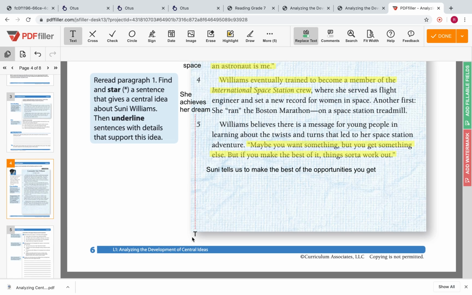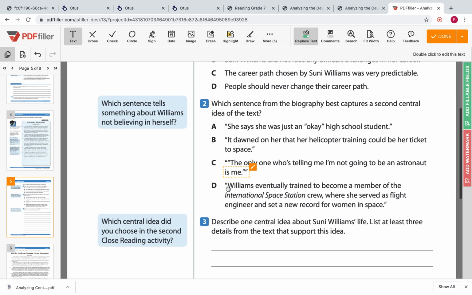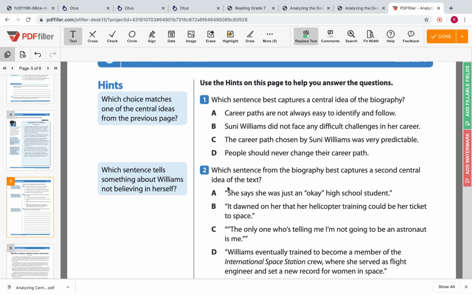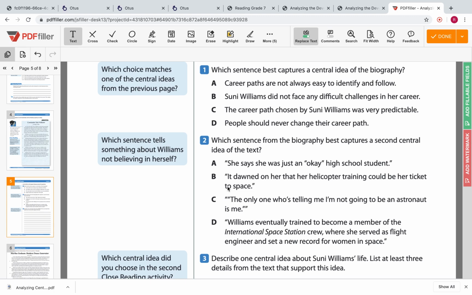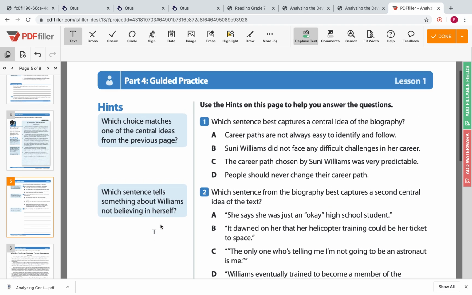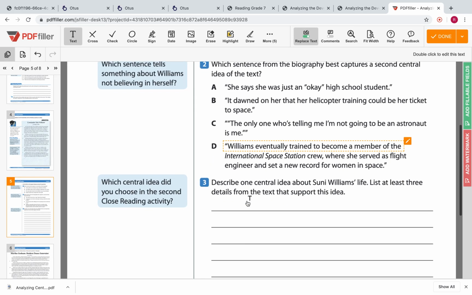All right. Now, for your classwork, you are going to do questions 1, 2, and 3. It's all going to be in one assignment. I'm going to put it in your assessments. And I want you to look at these hints that you have right here, and based on everything that we've annotated in the text, you should be able to answer these questions well.